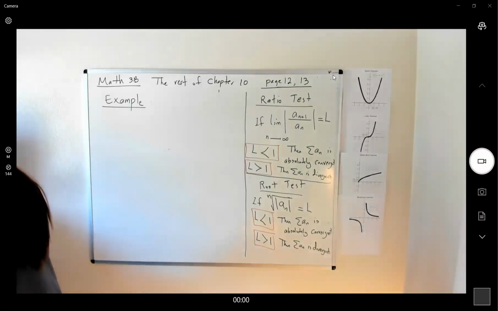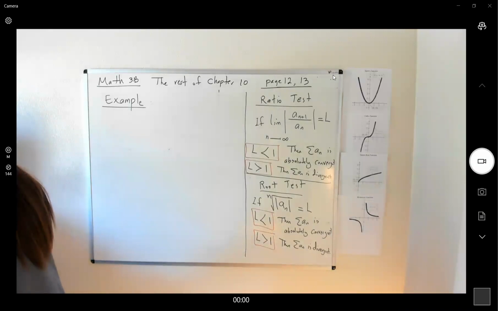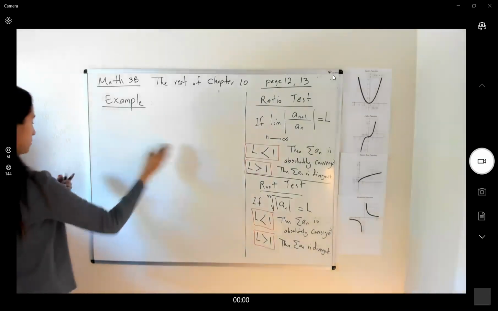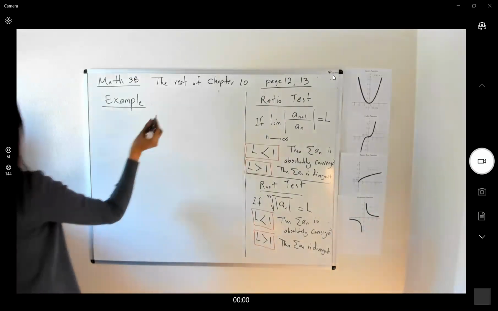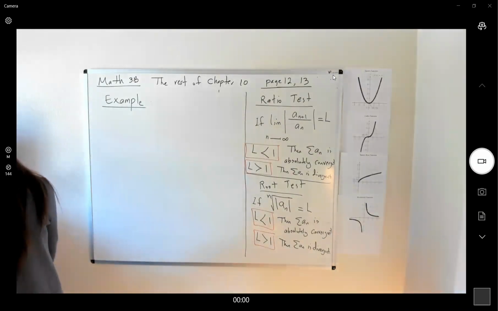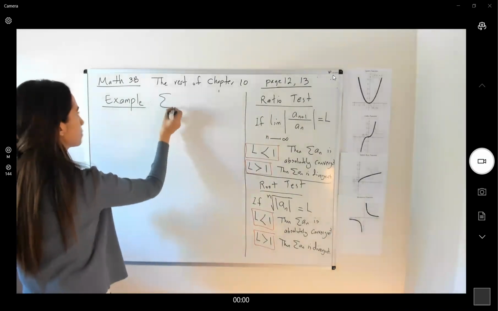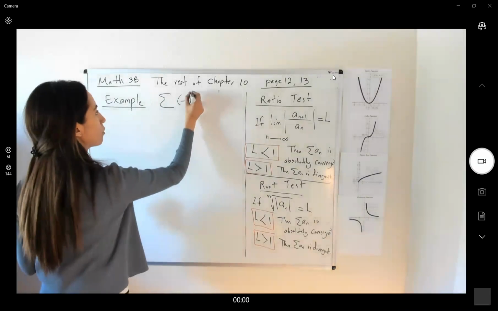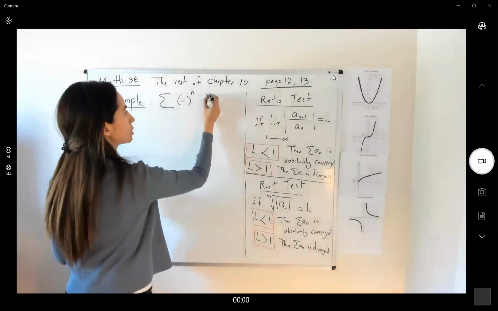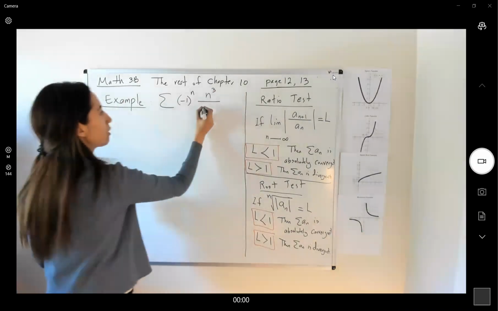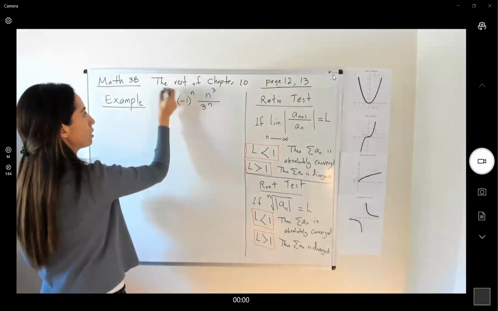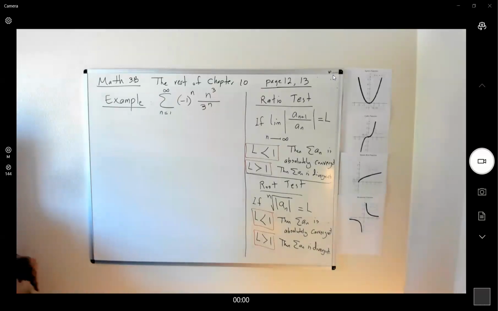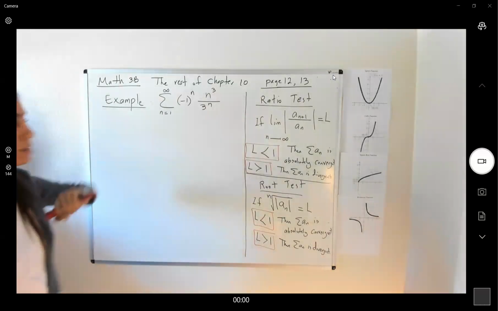Okay, let's go over two examples to see what's going on here. Suppose you have this series: the sum of (-1) to the n times n to the third, divided by 3 to the n, from n equals 1 to infinity. Let's apply the ratio test.